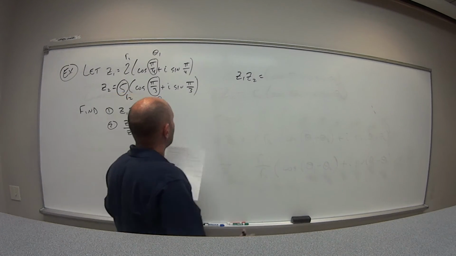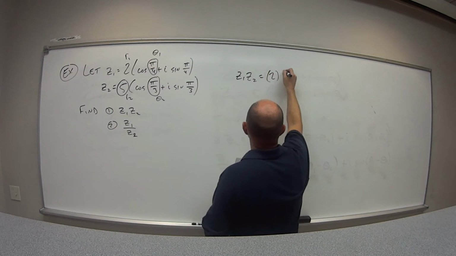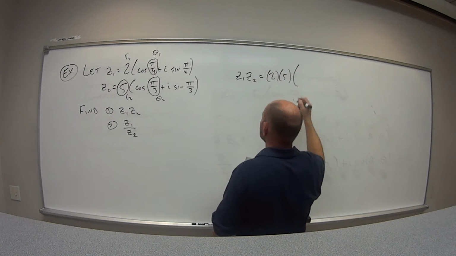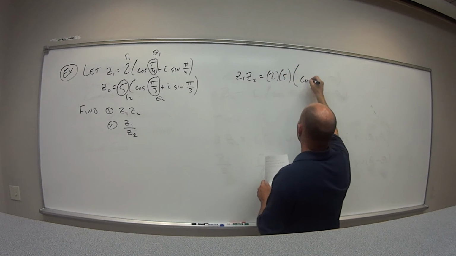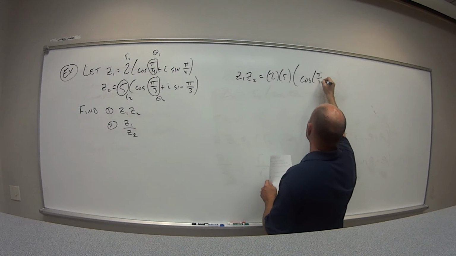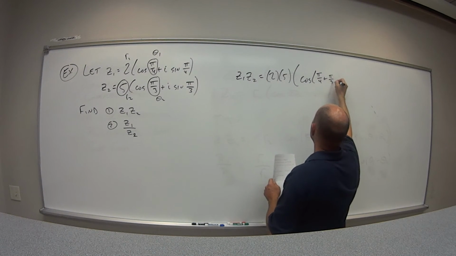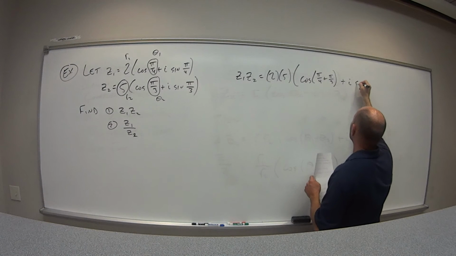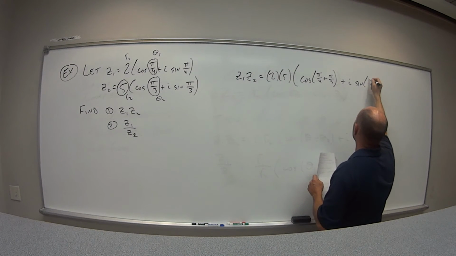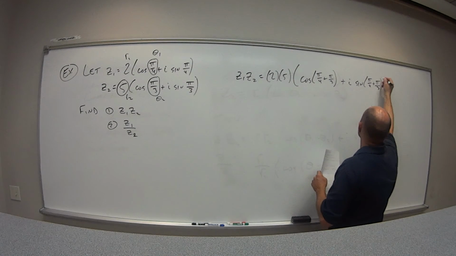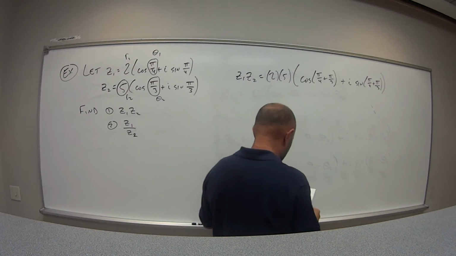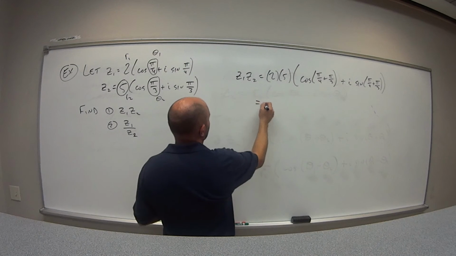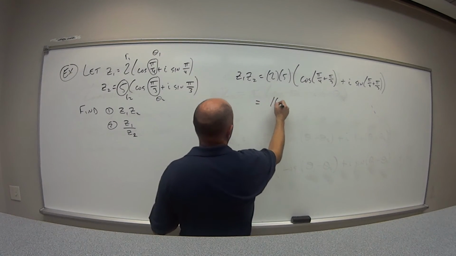So Z1 times Z2 is R1 times R2, so 2 times 5, and then cosine of pi over 4 plus pi over 3 plus I sine of pi over 4 plus pi over 3. Then it's just a matter of simplification. So 2 times 5 is 10.